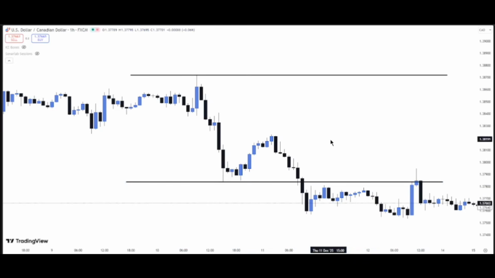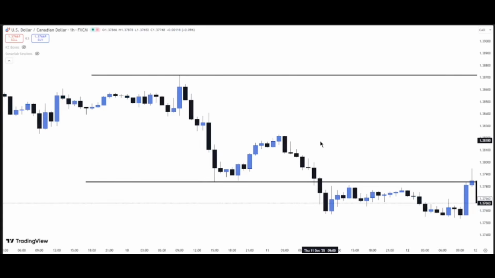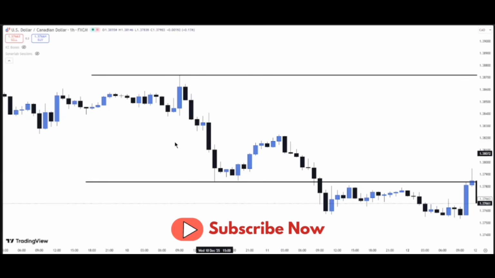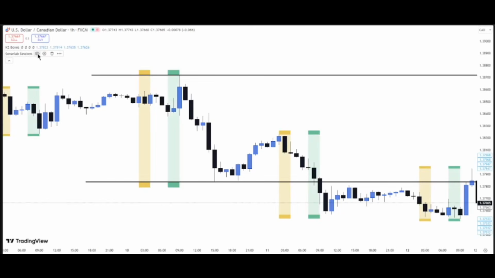And I said, before 1 a.m. Eastern time, be on your desk so that you can begin to track the market. First of all, when you get to your desk before 1 a.m. Eastern time, go to the 1H time frame and activate your session indicator on the 1H time frame.